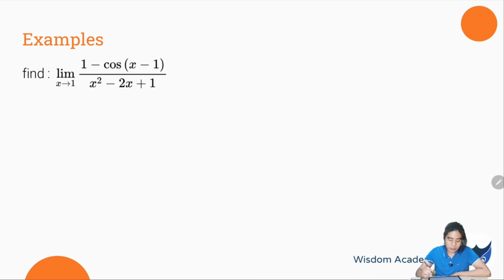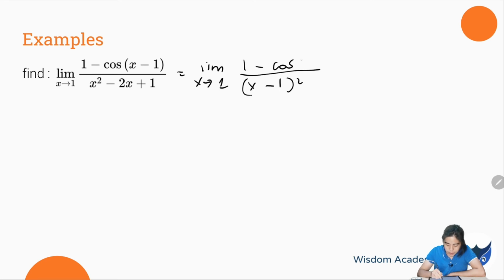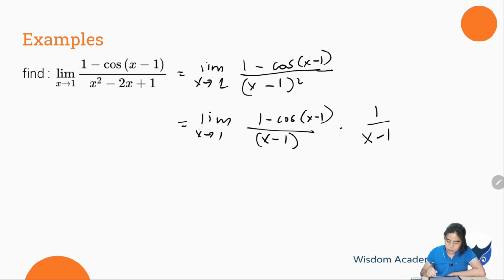We will try to find the limit of this function as x approaches 1. Okay? So, since ito, parang may form siya na 1 minus cosine x over x, yun yung i-goal natin. So, in denominator, again, i-factor out natin. So, ganun na agad. Paghiwalayin lang natin. This will become, ito, maging equivalent lang to 0.